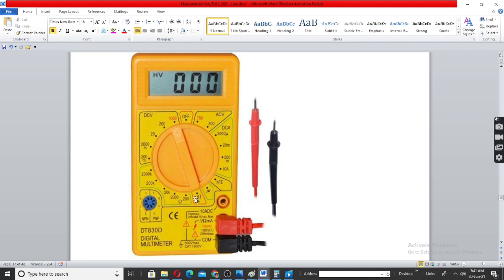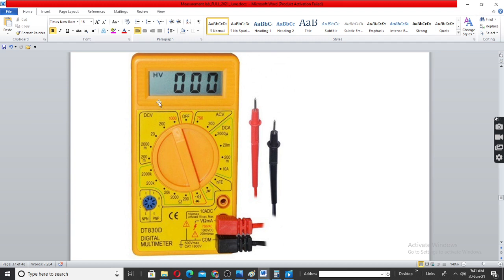This is also used for diode checking. Connect the anode of the diode to red and the cathode to black. The multimeter will give some reading, say around 500, 600. If you connect in reverse polarity, that is anode to black and cathode to red, the multimeter will show digit 1 to the left.